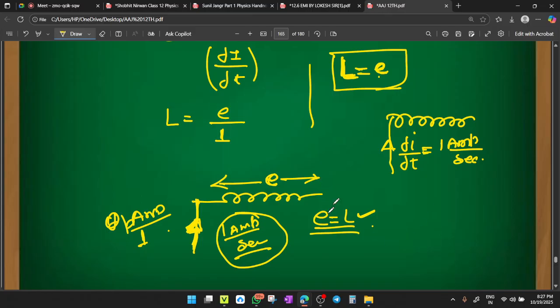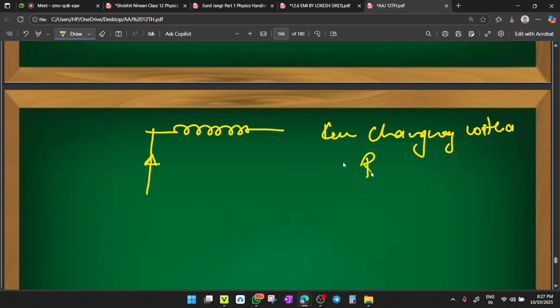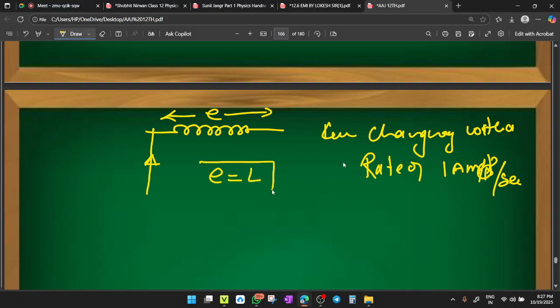Clear? In simple words, you can also write: when there is a current changing at a rate of 1 ampere per second flowing through the coil, then the amount of EMF induced in the coil is numerically equal to the self-inductance.